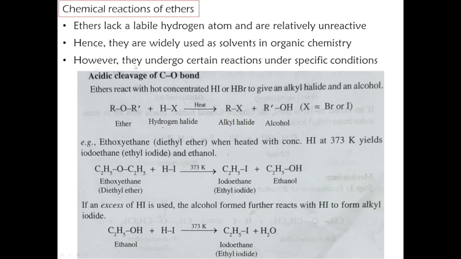However, they undergo certain reactions under specific conditions. One of these is cleavage of the carbon-oxygen bond in ether. A strong acid can cleave the carbon-oxygen bond of an ether. Ethers react with hot concentrated hydriodic acid, HI, or hydrobromic acid, HBr, to give an alkyl halide and an alcohol.